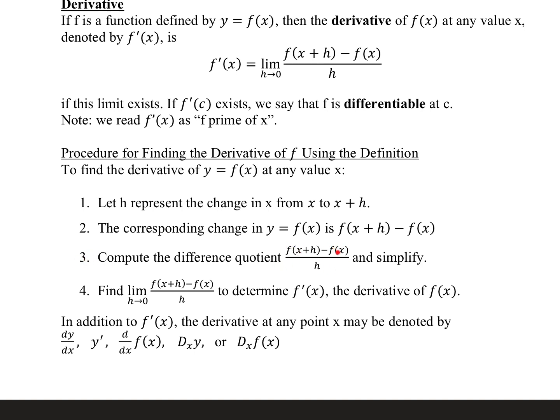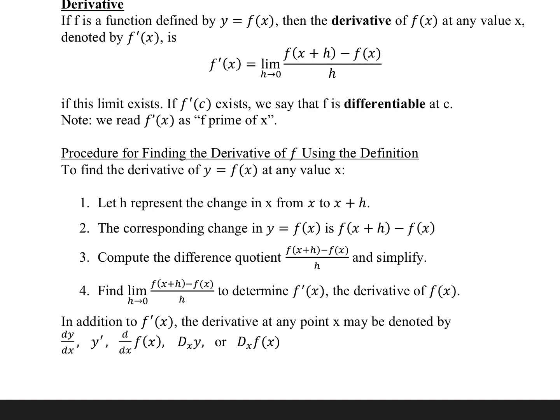It's y2 minus y1 over the simplified version of x2 minus x1. So this is the thing we compute, and we simplify it. After we have finished doing that, at the very end of the problem, we think about what the limit of the difference quotient would be as h approaches 0. And then that will allow us to determine what f prime of x is, which is the derivative of f.